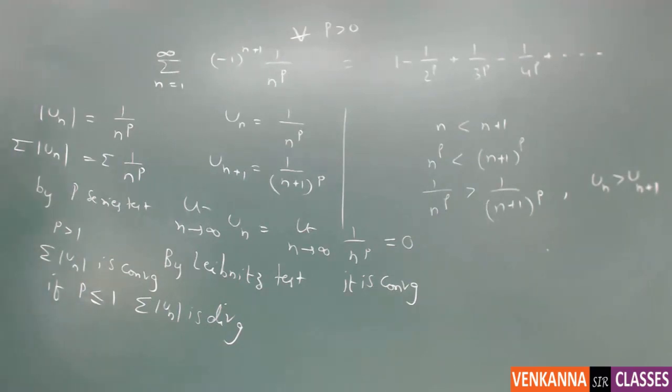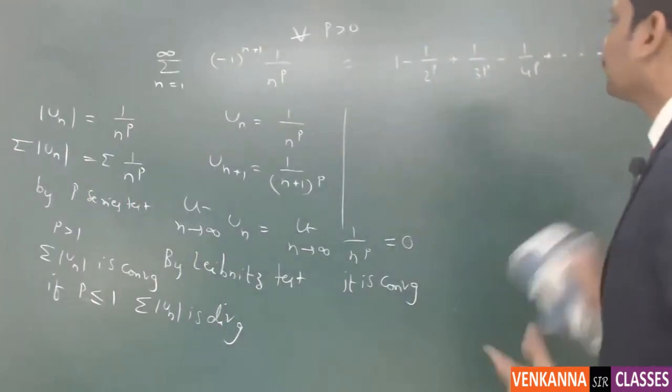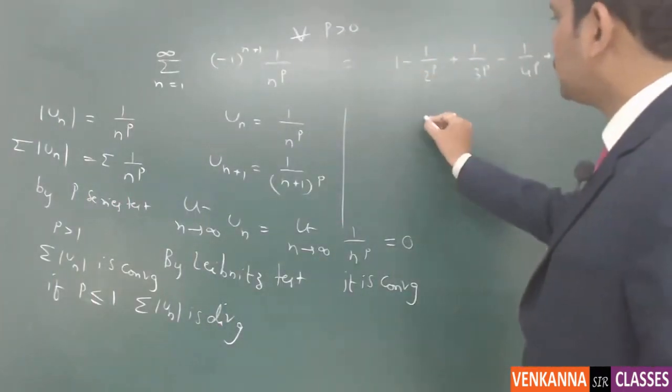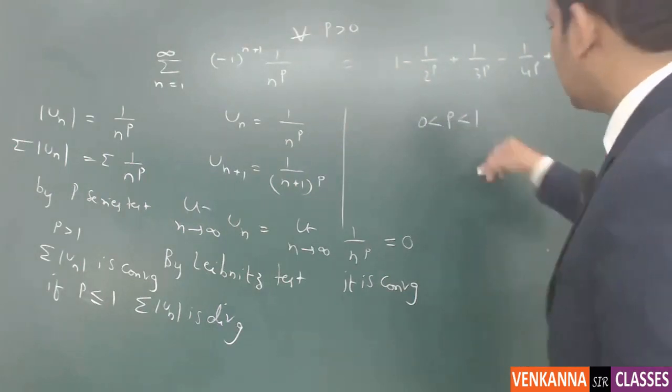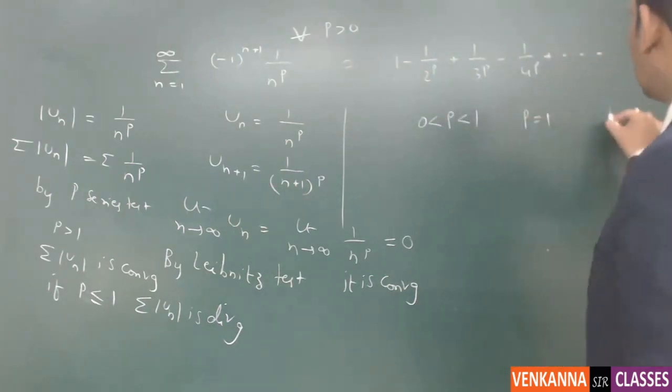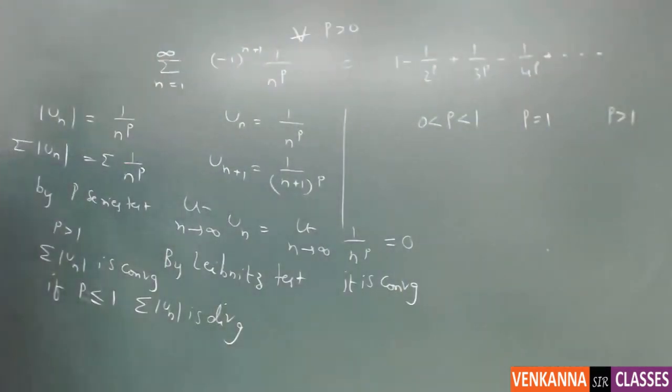In a nutshell, you can write like this. Now see, the possibilities for p greater than 0 are 0 less than p less than 1, p is equal to 1, p is greater than 1. Accepted? Right.